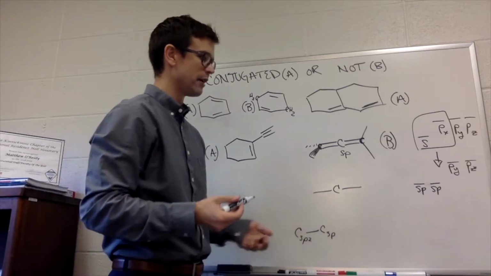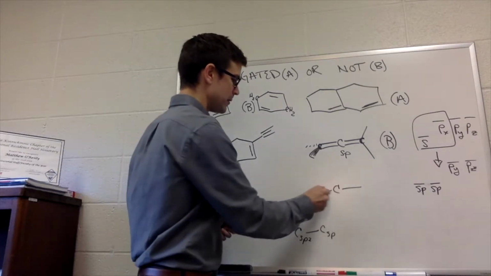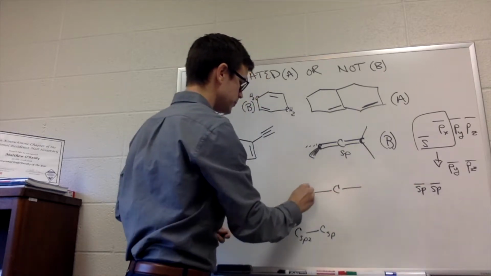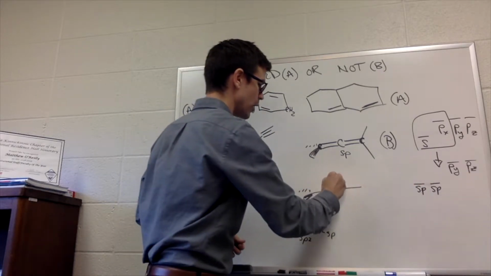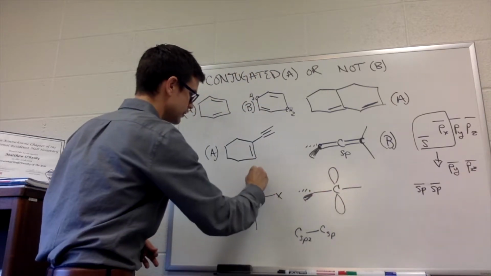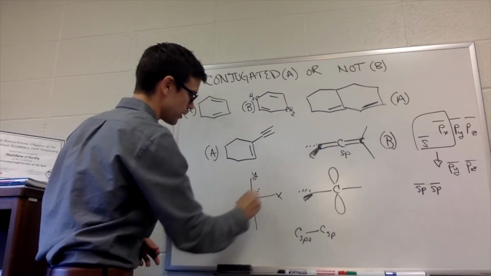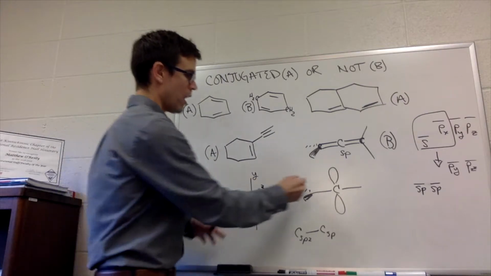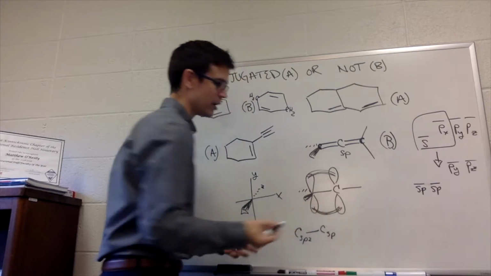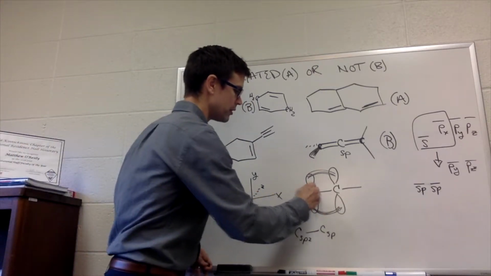Well, we'll just say, for no specific reason, that this carbon is bonded to this carbon in the py orbital. So if it's the py orbital on a graph where this is the x-axis, this is the y-axis, the z-axis comes out of the board and goes into it, the y orbitals are going to be up and down. So the electron density is above and below this carbon-carbon bond.